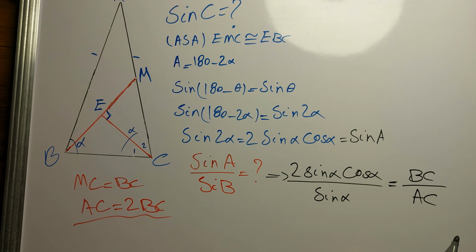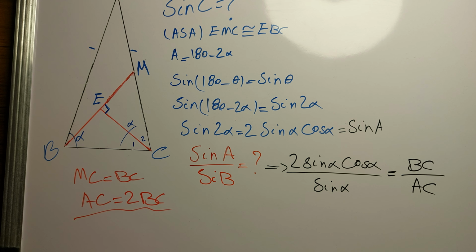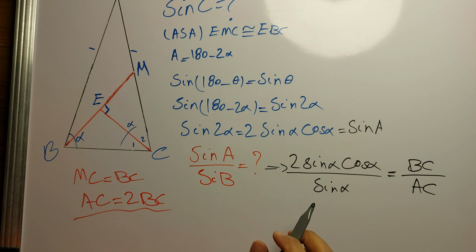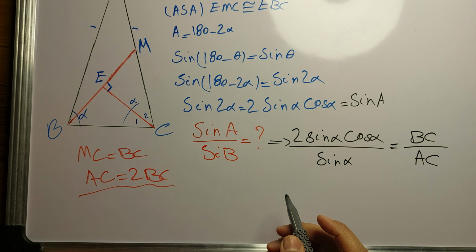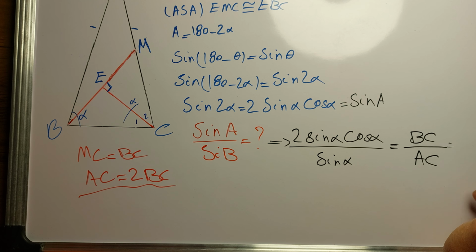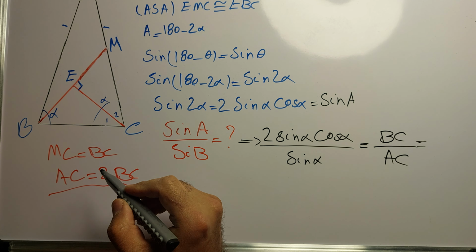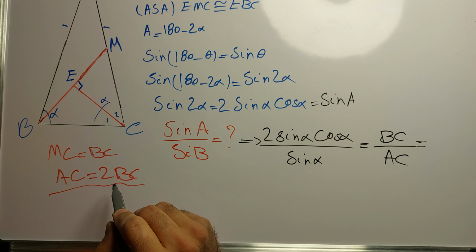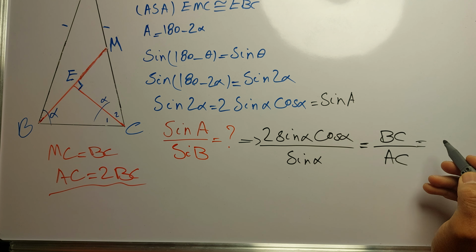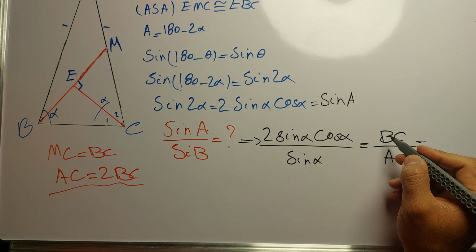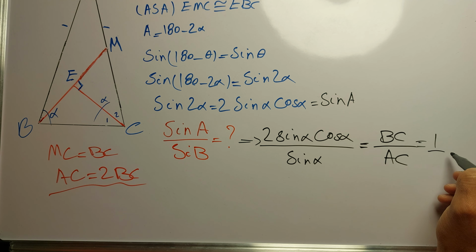So now let's write it down here. We know BC over AC, so AC is 2 times bigger than BC. In other words, BC is 1/2 of AC.